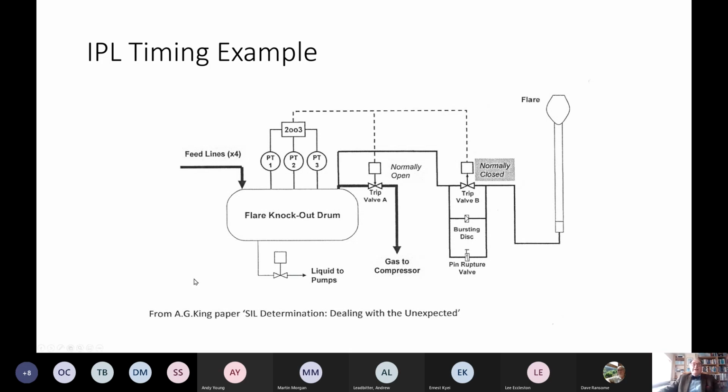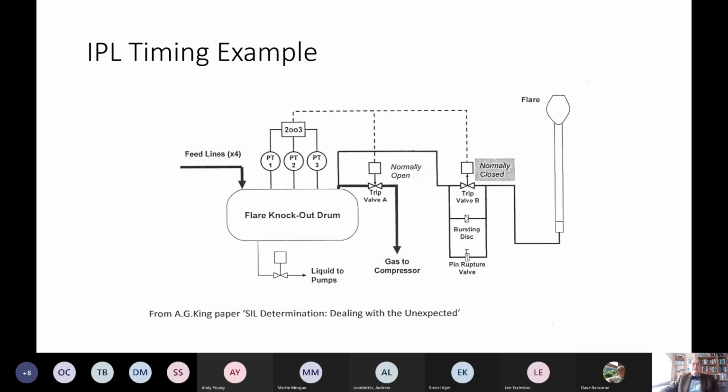So in this particular application, we have this flare knockout drum, which if everything fails, could potentially fail catastrophically. So we have an overpressure protection function, 2 out of 3 pressure sensors that will close this valve, although that's not in truth part of the SIF, and open this trip valve B to vent the vessel to flare.